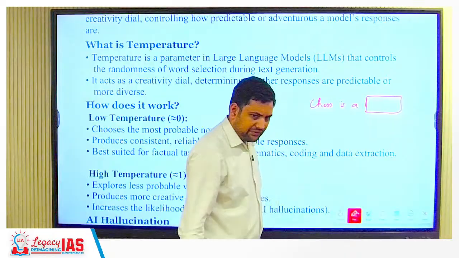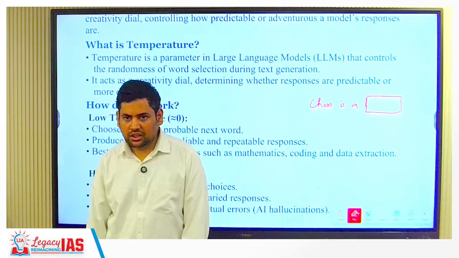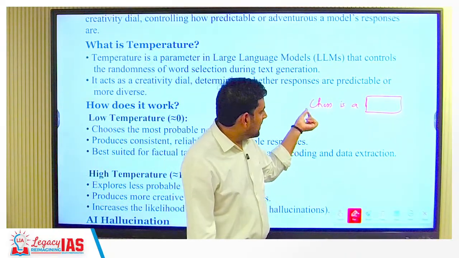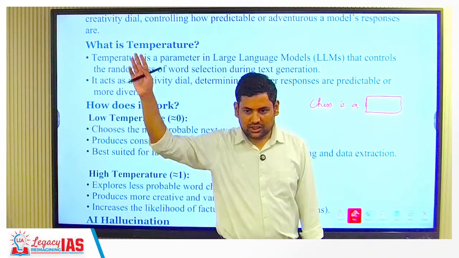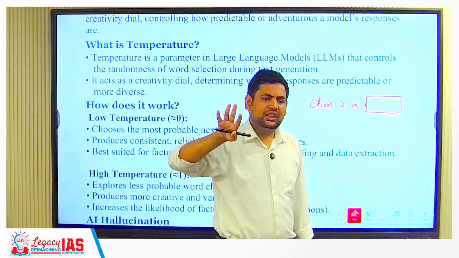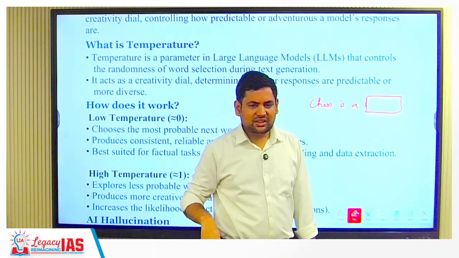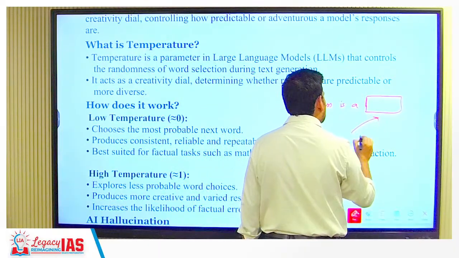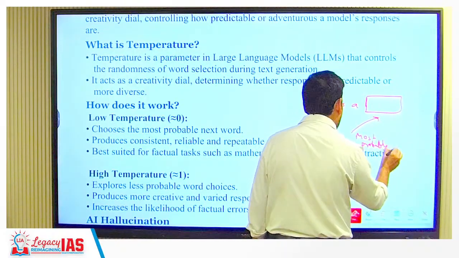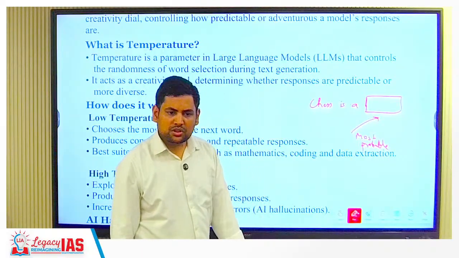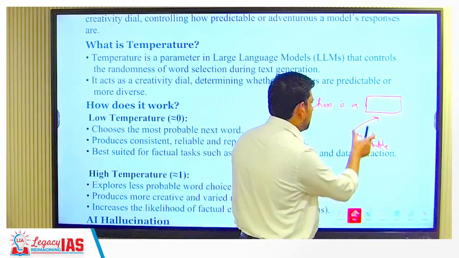Now, when we learn about LLMs, we will learn this pattern of what it does. For example, "chess is a...", what will be the next word? What an LLM does is search all the things it has from the internet, all the documents, and eventually whichever word is the most probable, it will enter here.